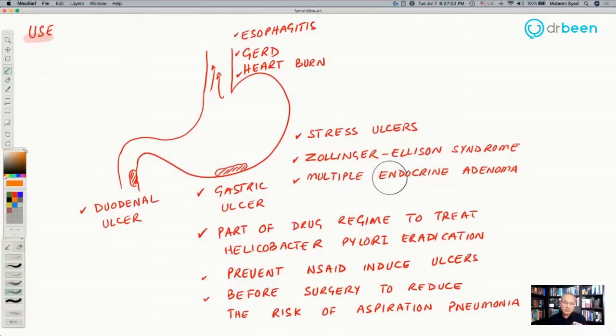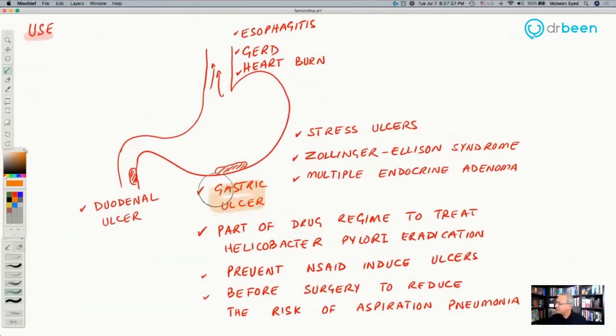There are tumors in the stomach that produce a lot of acid. Multiple endocrine adenomas is another disease in which acid production is increased. There are many endocrine gland tumors all over the body. One of them is tumors of the glands in the stomach, which are also more numerous and working more.